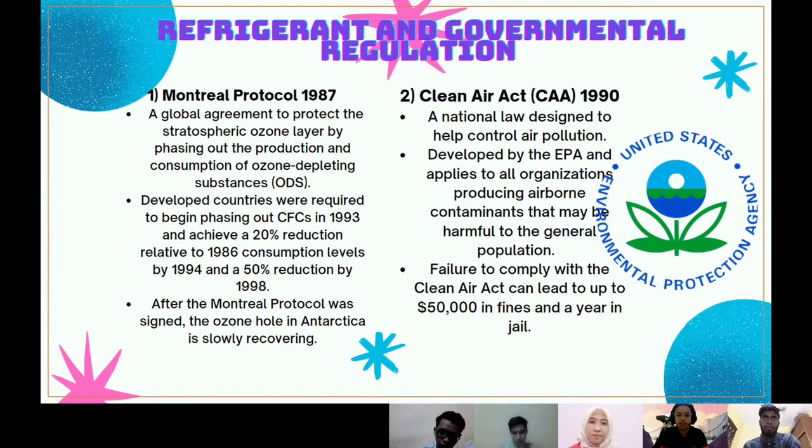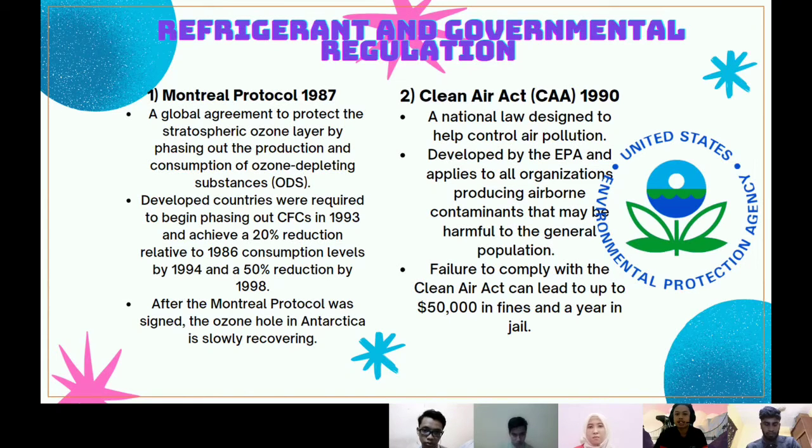Developed countries are required to begin phasing out chlorofluorocarbons in 1993 and achieve a 20% reduction relative to 1986 consumption levels by 1994 and a 50% reduction by 1990. After the Montreal Protocol was signed, the ozone hole in Antarctica is slowly recovering.